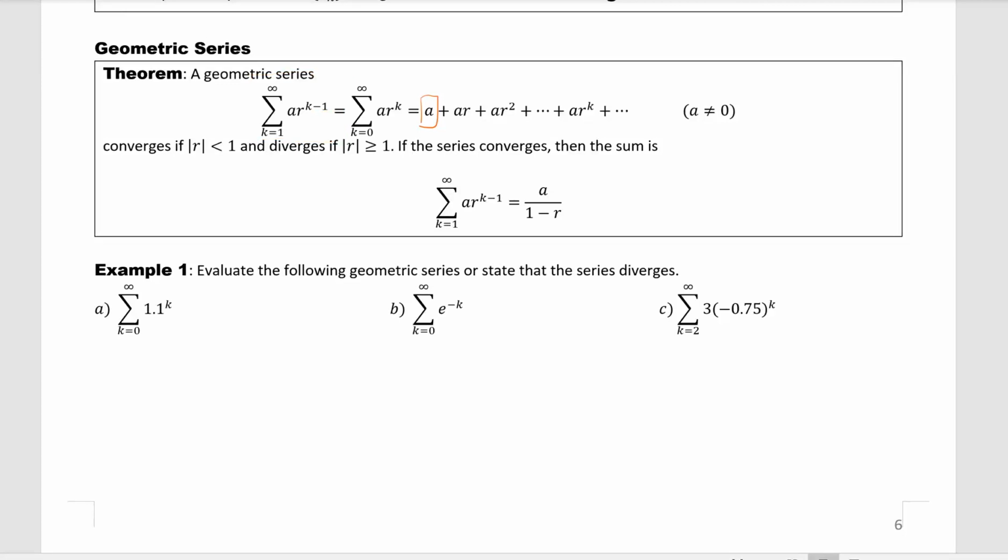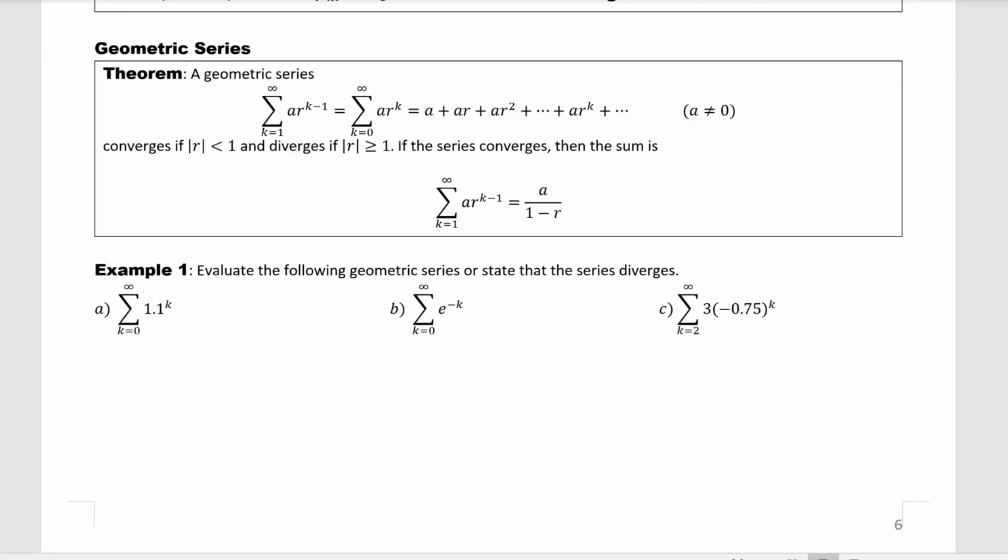But if you let the index k start from 0, then the expression is going to be a times r to the k, because r to the 0 is 1. So when you plug in k equals 0, you get the first term is a. These two different notations actually represent the same series.